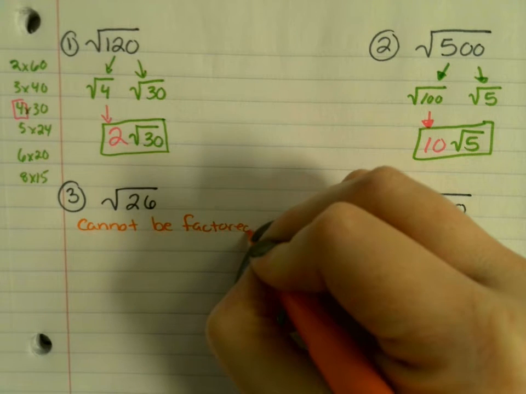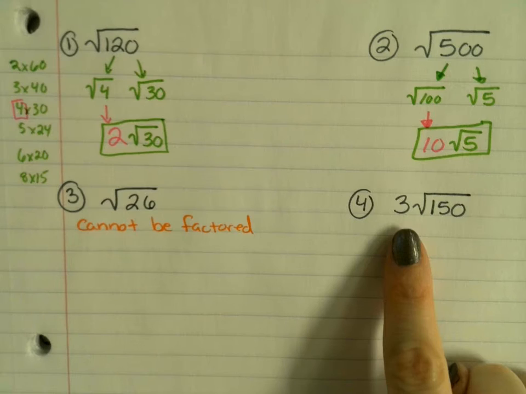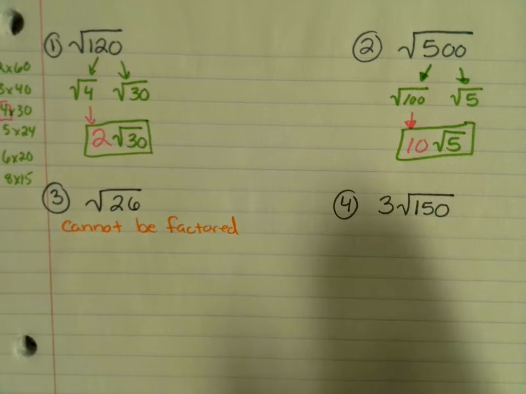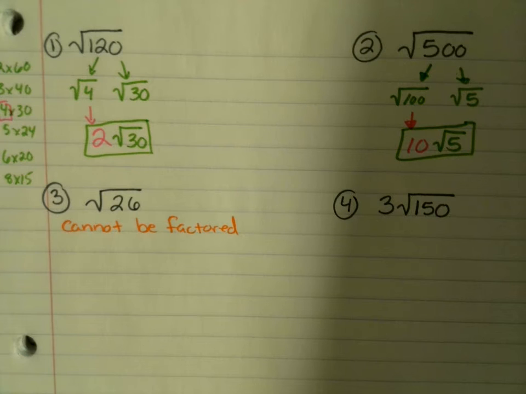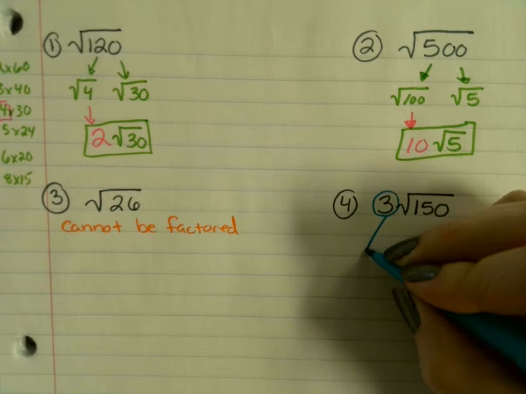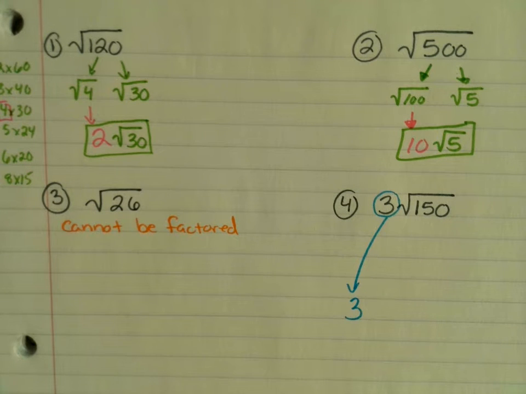And then problem number 4, this is what we discussed yesterday. When we have a coefficient in front of the radical, you're going to pull the coefficient out first. So we're just going to ignore the coefficient for the time being, and we're going to focus on simplifying the square root of 150.